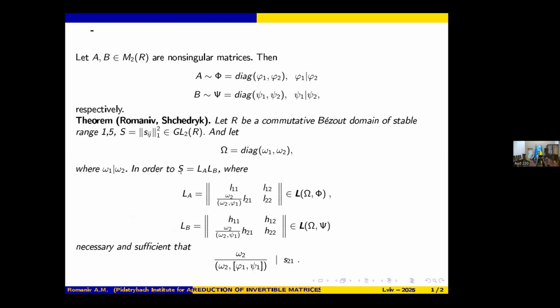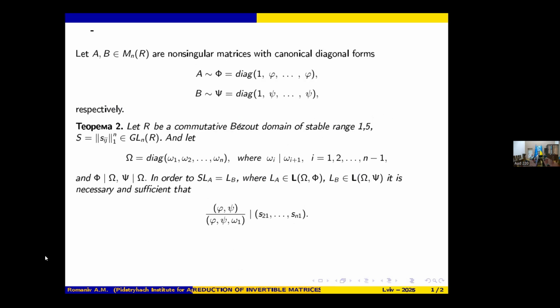Matrix S can be decomposed into the product of two matrices from the generating group if and only if these elements divide the element S. Consider the matrices A and B of arbitrary order, which have the next Smith forms, and consider the diagonal matrix omega.